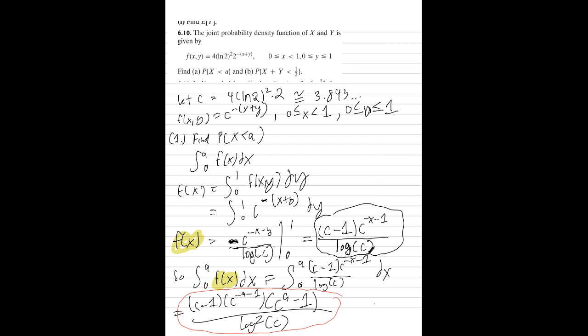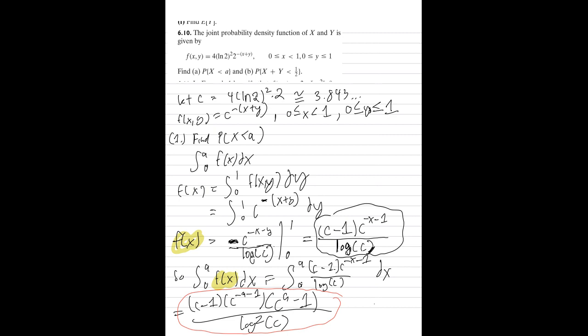Hold on. Why did you multiply by 2? You don't have 2. You do have 4 and ln 2 squared. Isn't there a 2 on the right side? The 2 is the base of negative x plus y.